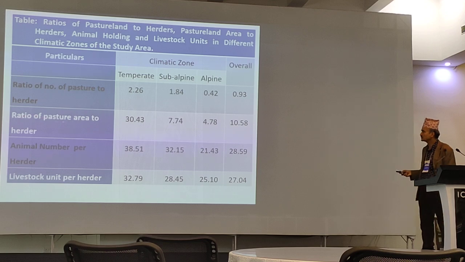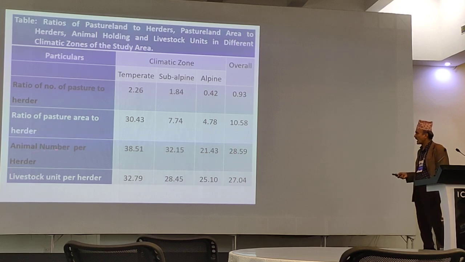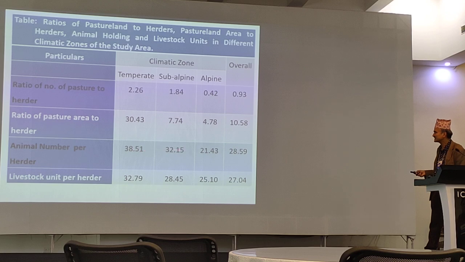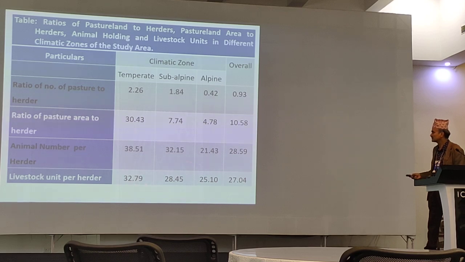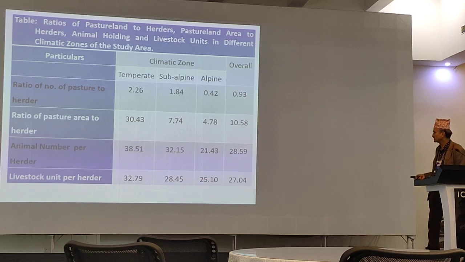Similarly, the ratio of pasture area to herd is higher in temperate, lower in subalpine, and again low in alpine. Animal number per herd also decreases as we move higher in alpine, and similarly, when I converted to livestock unit, it is also decreasing.